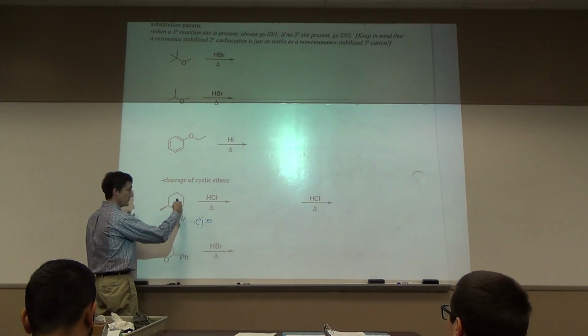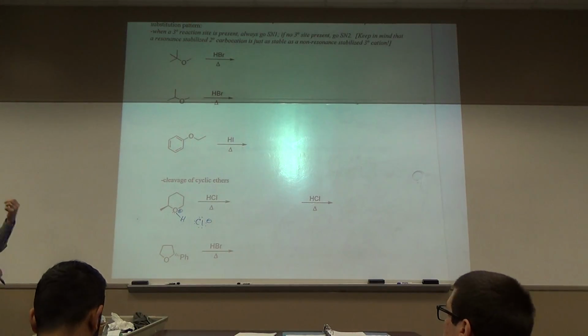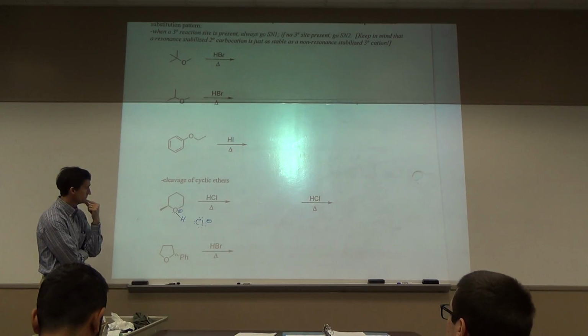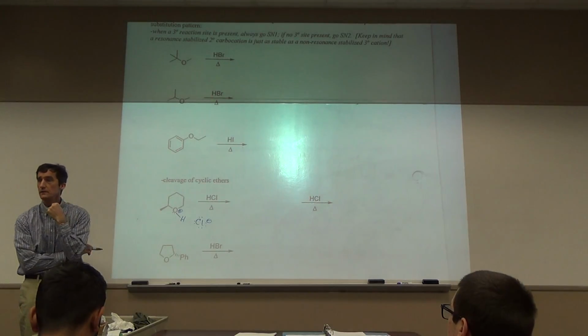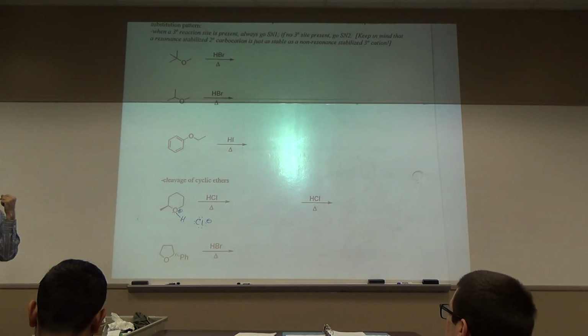Again, I assume you can do the mechanism for getting here. At this point, what do we want to do? They're actually going to leave two different carbons, theoretically. Which one, how are we going to do this? Do we have a tertiary site available? No, we do not. There's no tertiary site available.